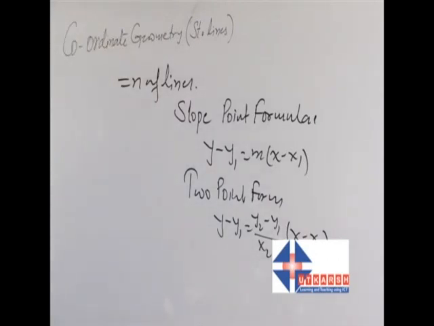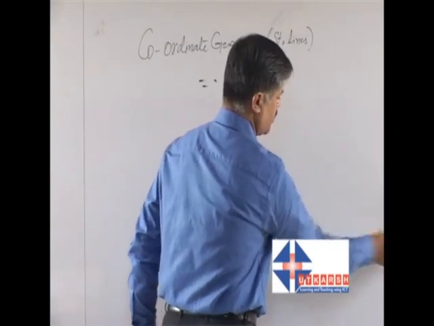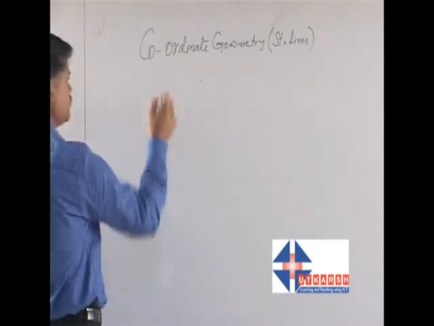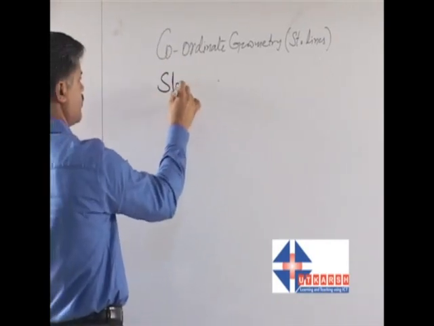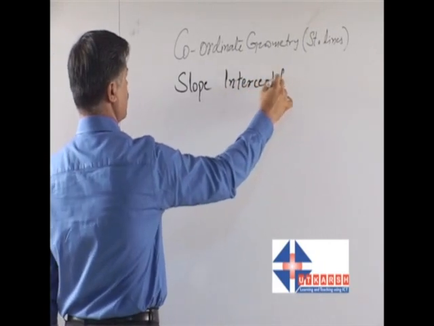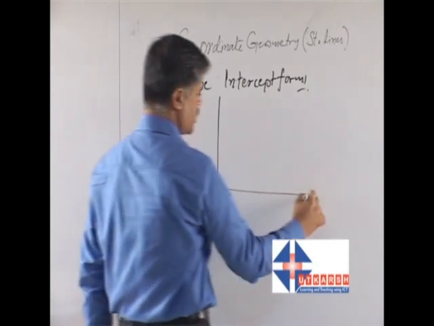Next, I am dealing with now slope intercept form. Intercept form. This is the coordinate axis.